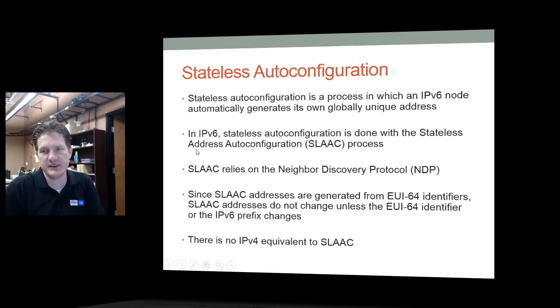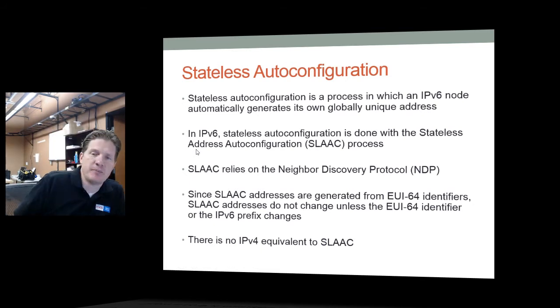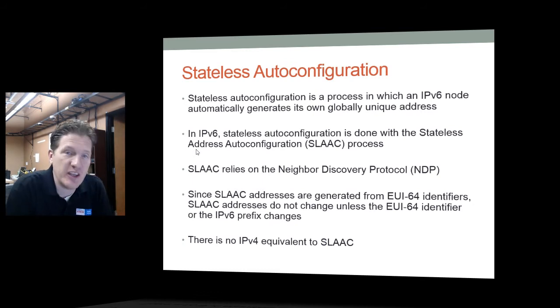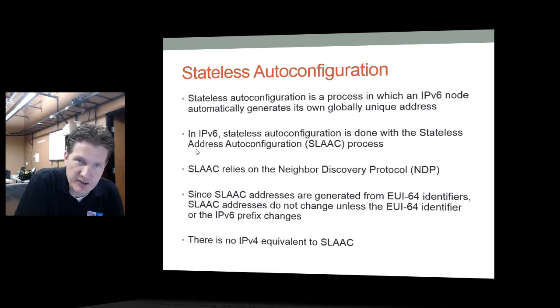Let's talk about stateless. Stateless is a unique process in IPv6 which allows IPv6 nodes to generate their own globally unique address. This is done with what we call Stateless Address Autoconfiguration, or SLAAC. SLAAC relies entirely upon neighbor discovery protocol in order for this to function. They are generated from what is called EUI64, which is an industry standard.